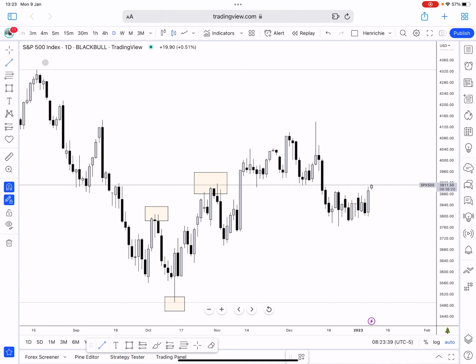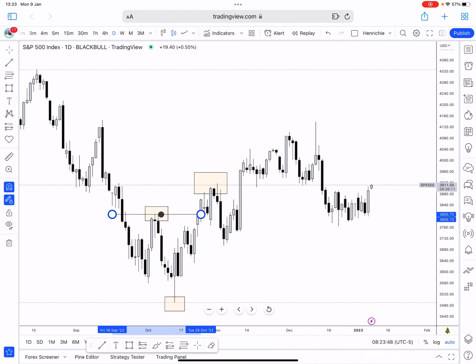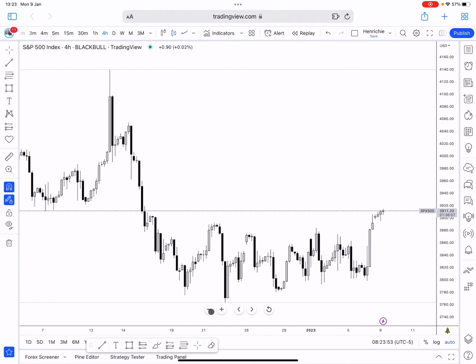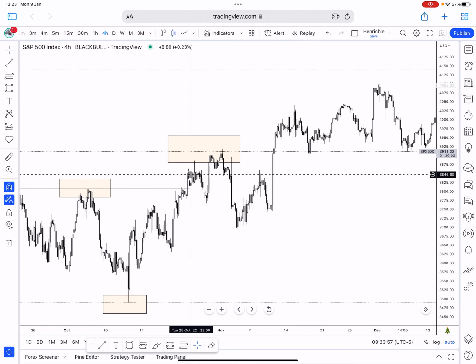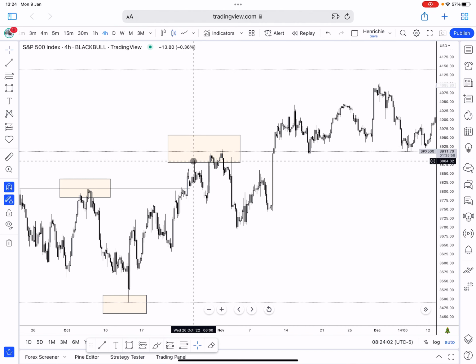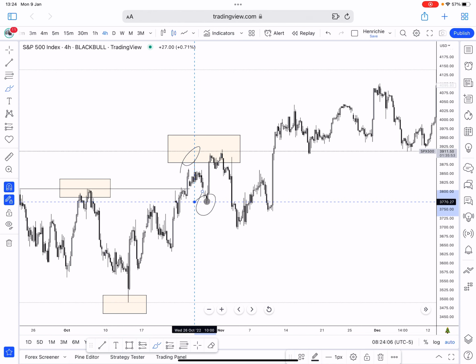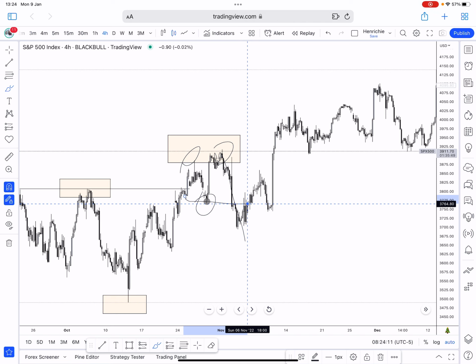Now, after this structure got broken, I'm going to go to 4-hour time frame. After this high got broken right here, price made this high, made this low, this high, made this low, made another high, and it broke this low, right?